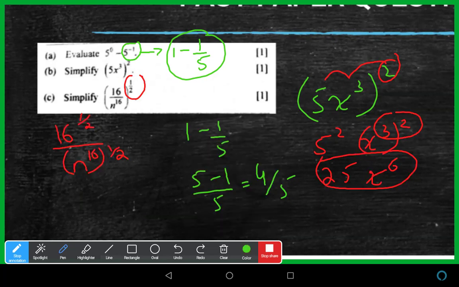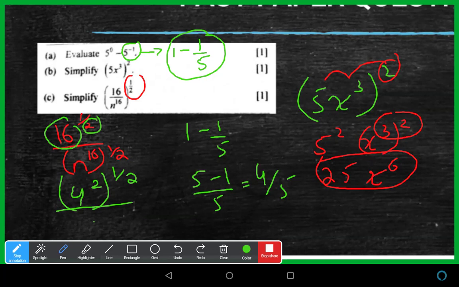Remember that in the denominator there is 2. So I can write 16 like this, 4 raised to the power 2, since I know that the square of 4 is 16. I write it like this because my main motive is to cancel out the denominator of the power, the power which is in fraction form. So 1 upon 2, I have to cancel that power.